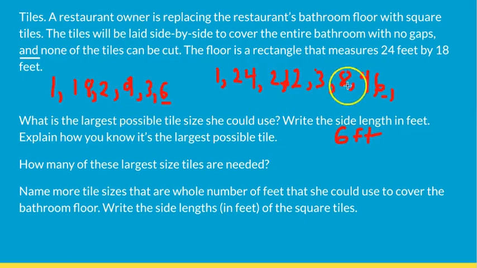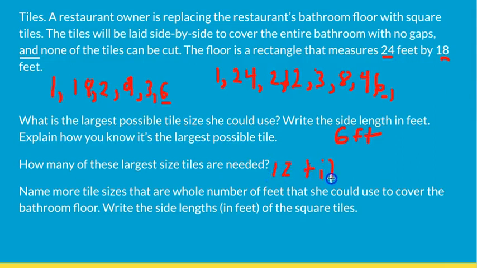Well, 6 is the largest number that can divide equally into 24 and 18. So how many are we going to need of this largest size? Well, 3 will go along the 18 side, and we can make 4 columns across. So we're going to need a total of 12 tiles.